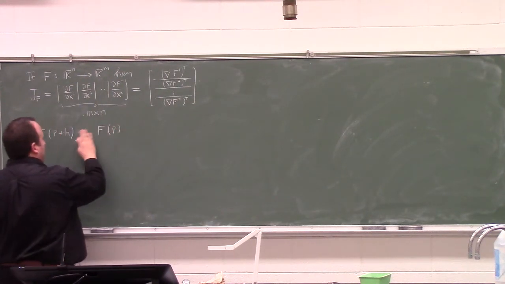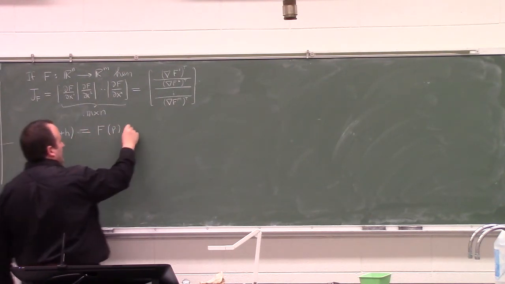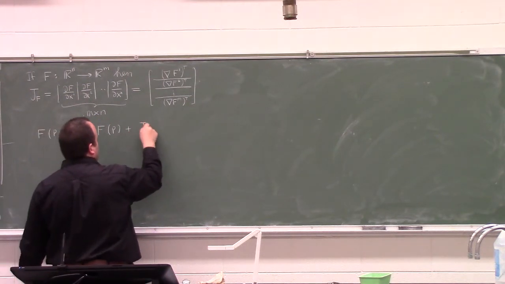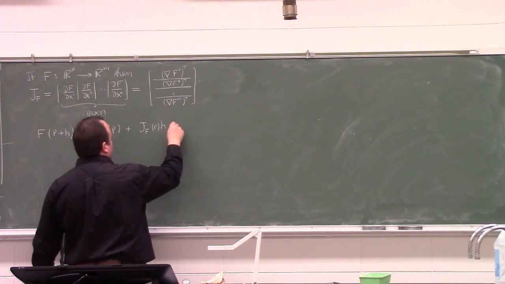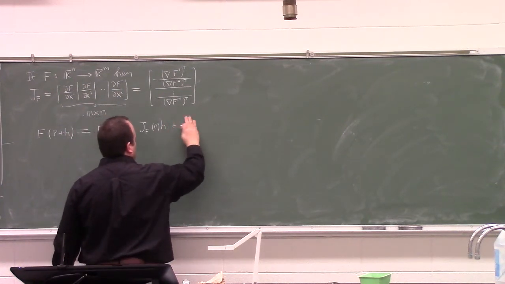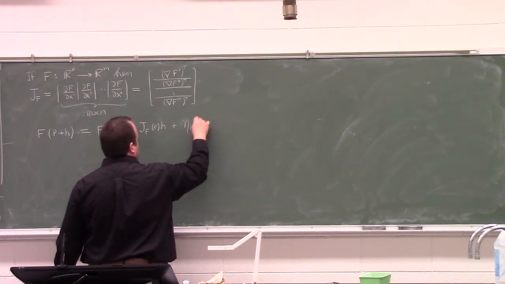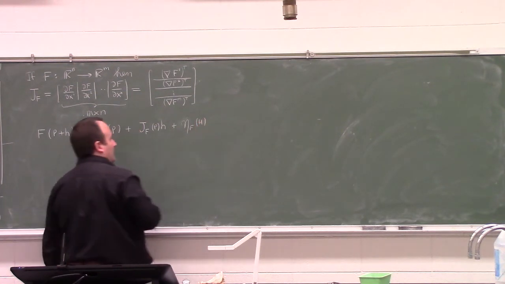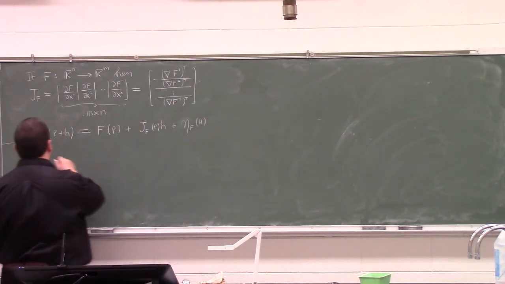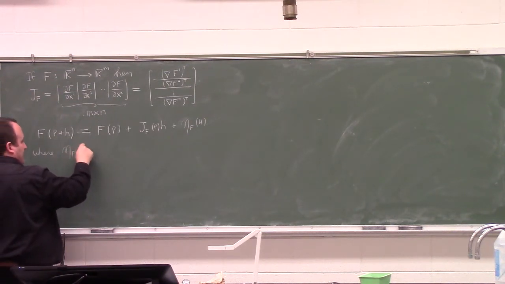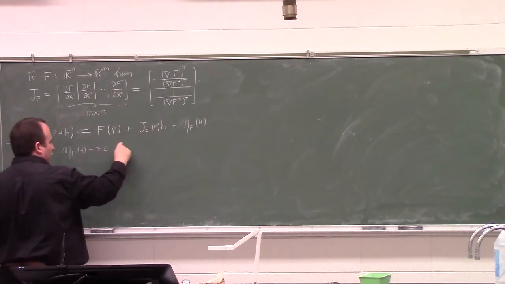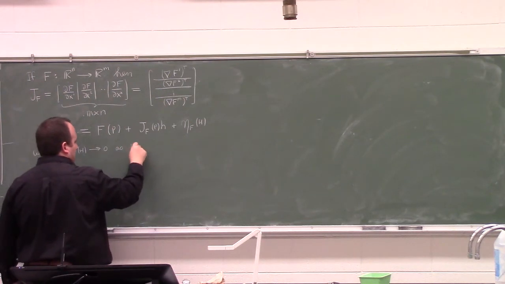Well, I can make this equal. This is equal to f of p plus the Jacobian of f evaluated at the point p times the vector h, plus eta sub f of h, where this error term, eta sub f of h, goes to 0 as h goes to 0.